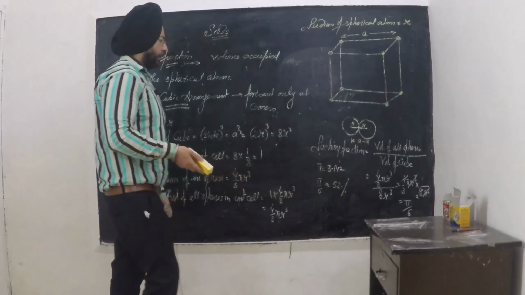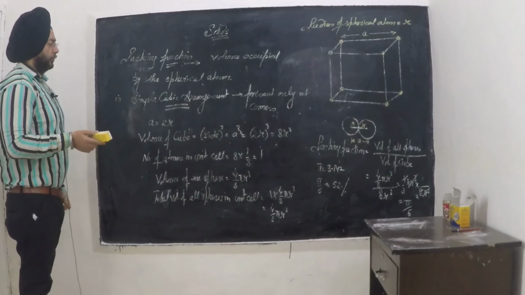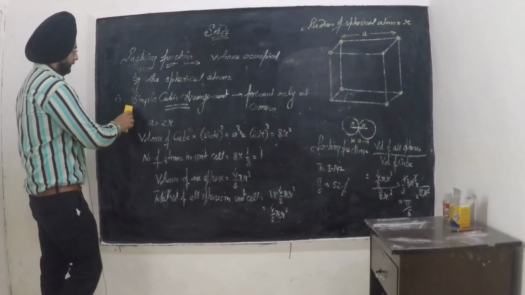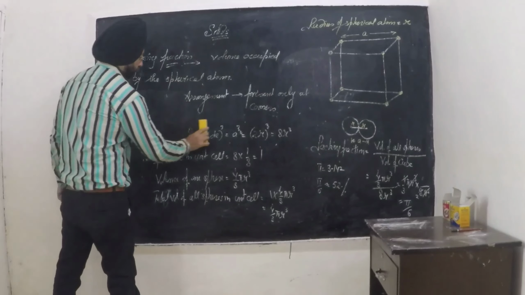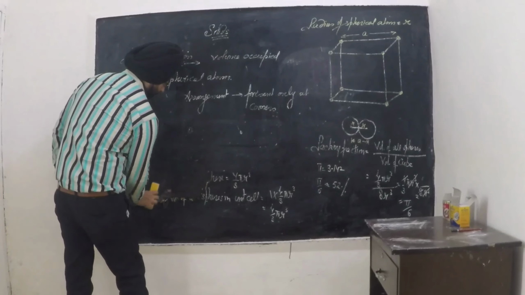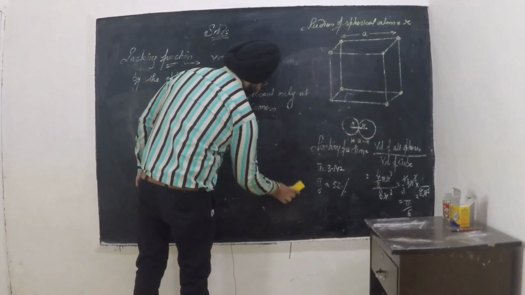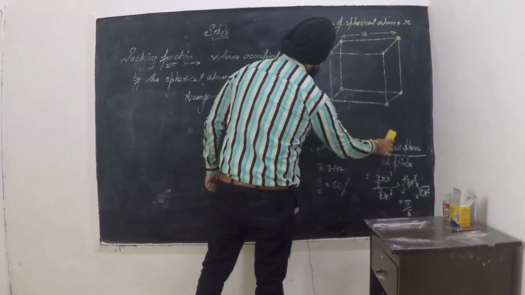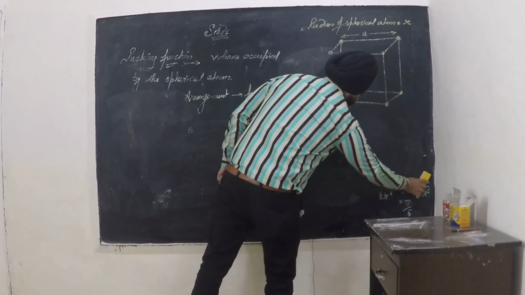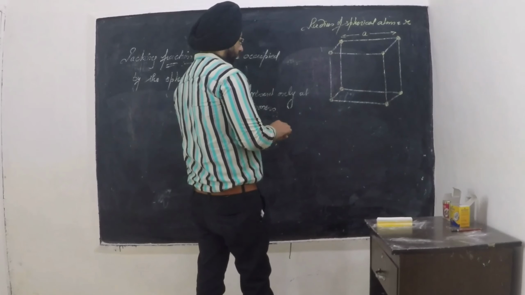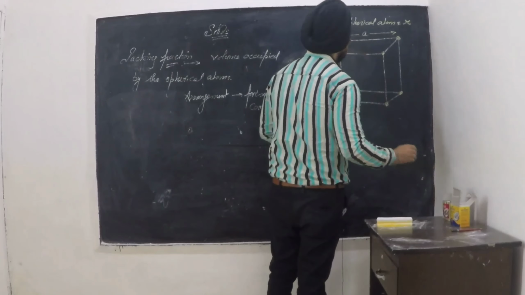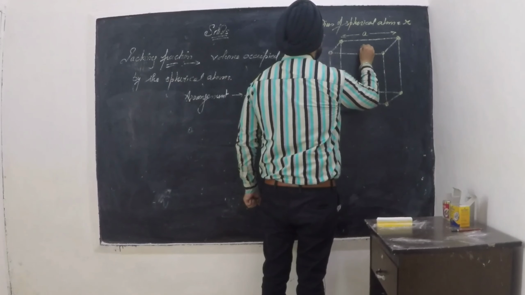Okay, so it's quite a less proportion. I think it's not a beneficial packing. So let us move to the next arrangement, that is face centered cubic arrangement. It means atoms are also present at the center of each face.